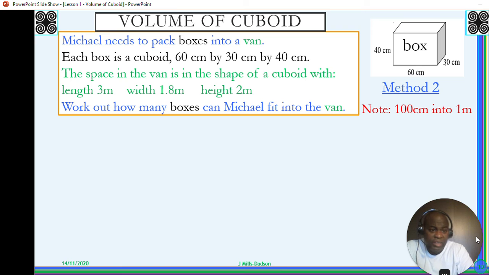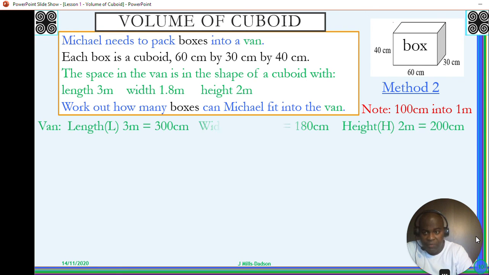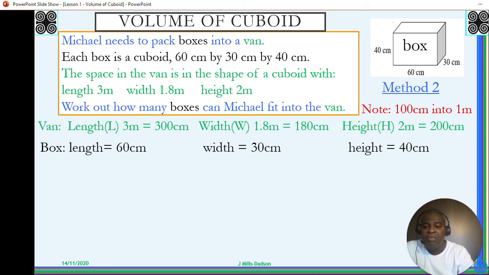The second method is where I first understand and convert the van into centimeter first. So I'll have it as 300 cm length, 180 width, and 200 cm. If you want to know why, I'll multiply each of the lengths by 100, because 100 cm make 1 meter. Next step is I try to divide. I call this the alignment method.